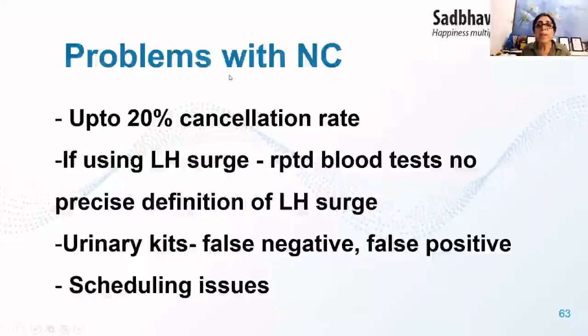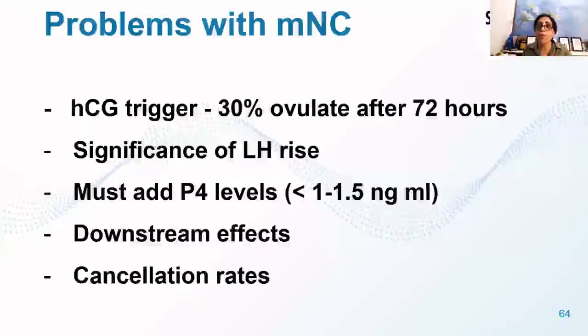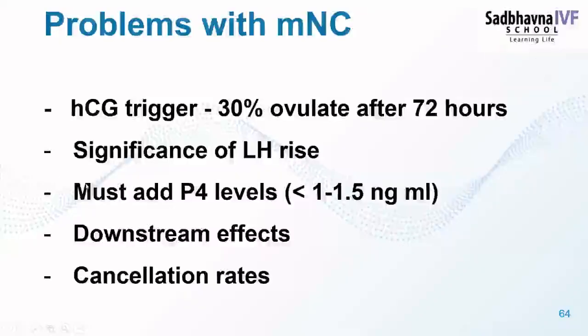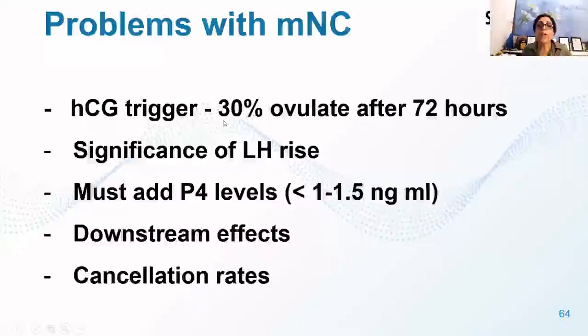So the problems with the natural cycle or even a modified natural cycle are higher cancellation rates. Many blood tests need to be done for endocrinology monitoring, and the patients need to come again and again. Urinary kits have their own issues. The scheduling issues are there. And even with a modified natural cycle, there is a 30% variation of ovulation.